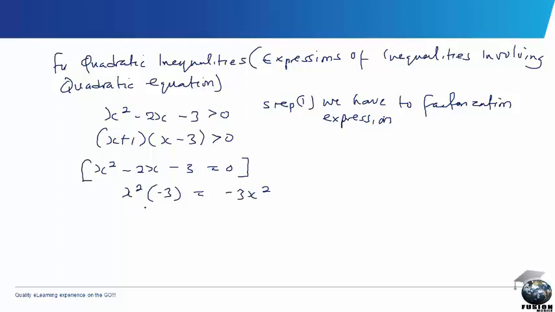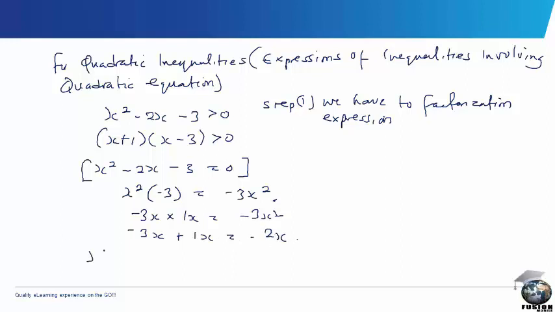We find two terms that, when summed together, give the middle term, and when multiplied together, give the product we have here. The two terms that come to mind are minus 3x times 1x, which gives minus 3x squared, and when we add minus 3x plus 1x, it gives minus 2x.